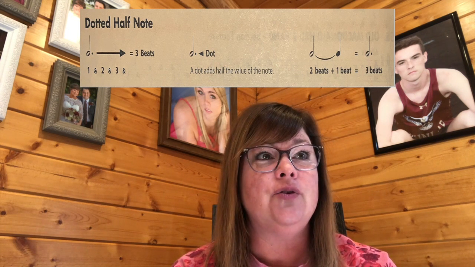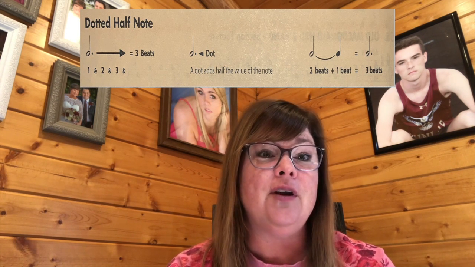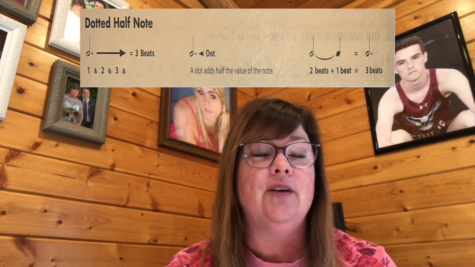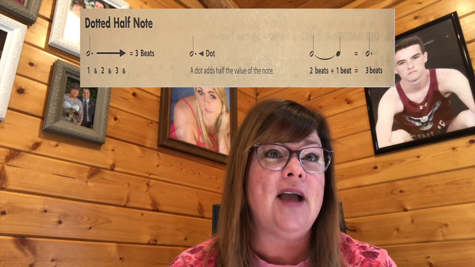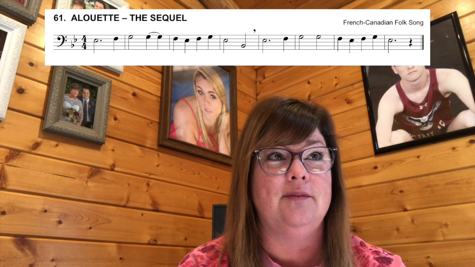So when they want you to play a note for 3 counts, they're going to be able to do it 2 different ways. They're going to be able to write it as a dotted half note, or they're going to be able to write it as a half note tied to a quarter. And you should notice something when you look at 61, Alouette, the Sequel. Do you notice anything?